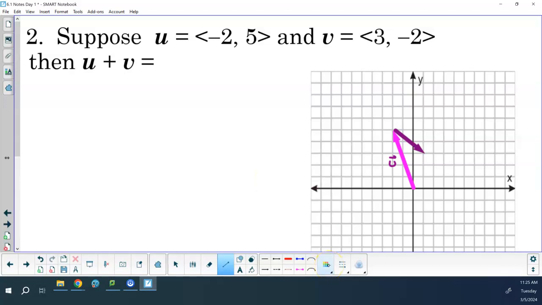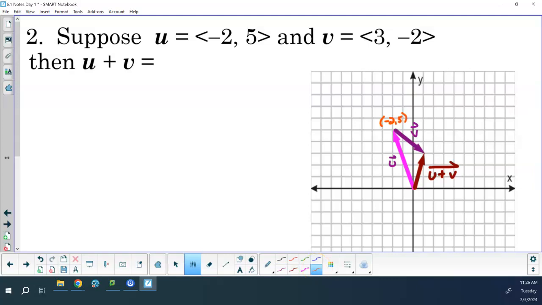So this was vector v, and so then this is vector u plus v. Now, if we figure out the points here, this point would be at the point -2, 5.